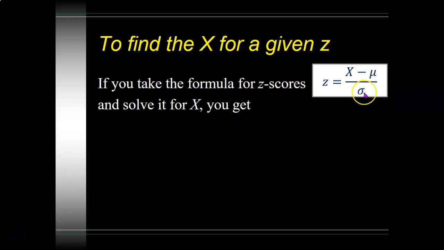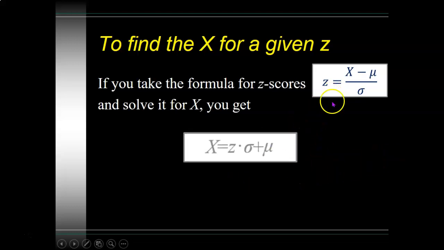You could multiply both sides by sigma, add mu to both sides, and transform it into x equals z times sigma plus mu. So when you look at it that way, it's a formula converting z into x. If you start with a z, this is how you can get an x.